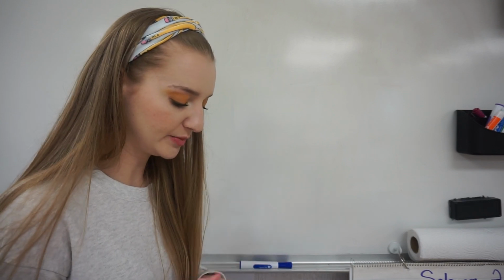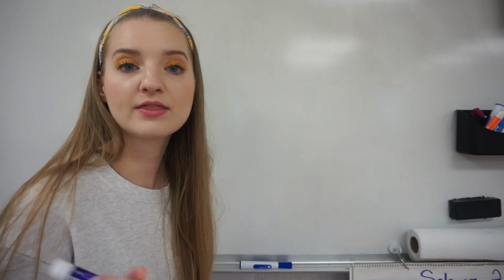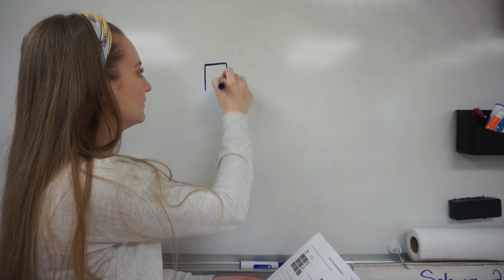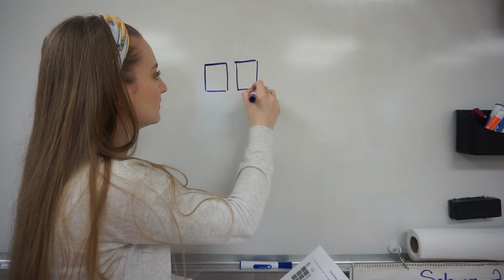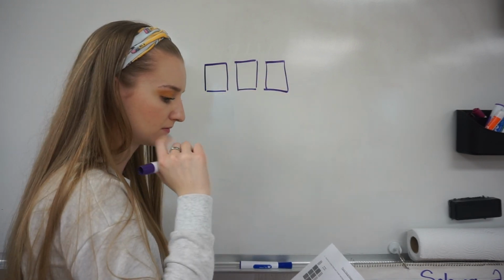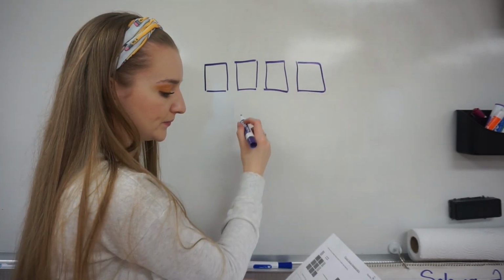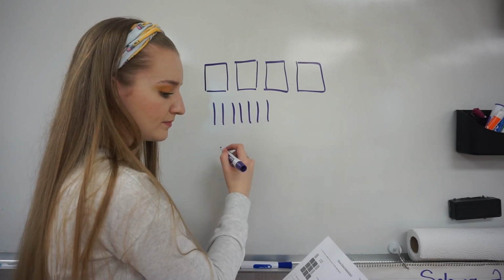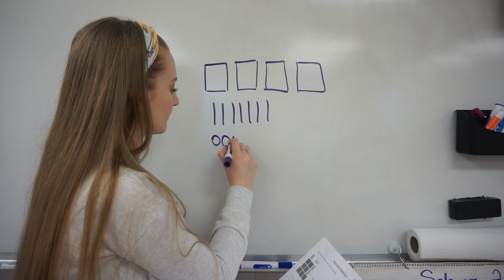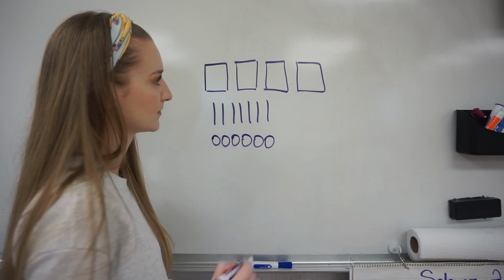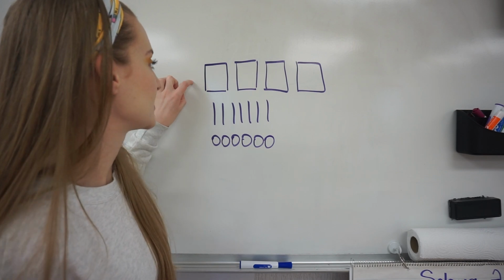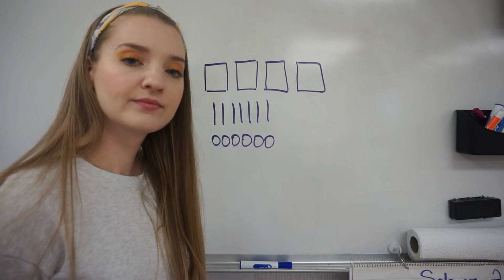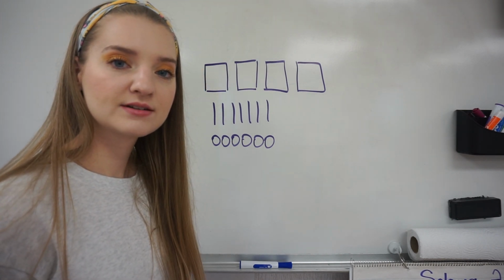I'm going to draw the place value blocks, and I want you to tell me their value, what it represents. So again, the squares represent hundreds, these are tens rods, and these are ones. So what would that represent?